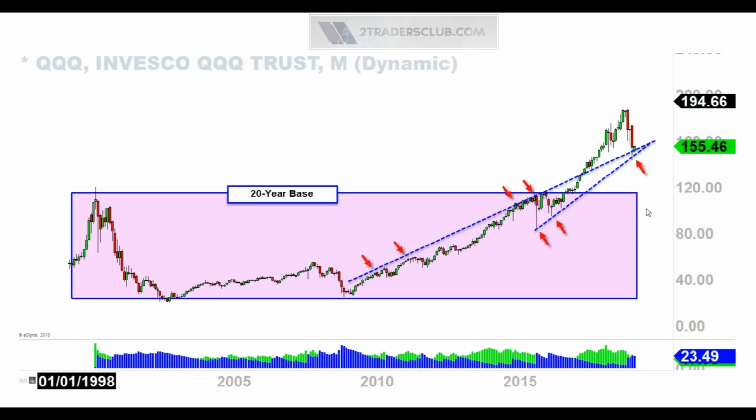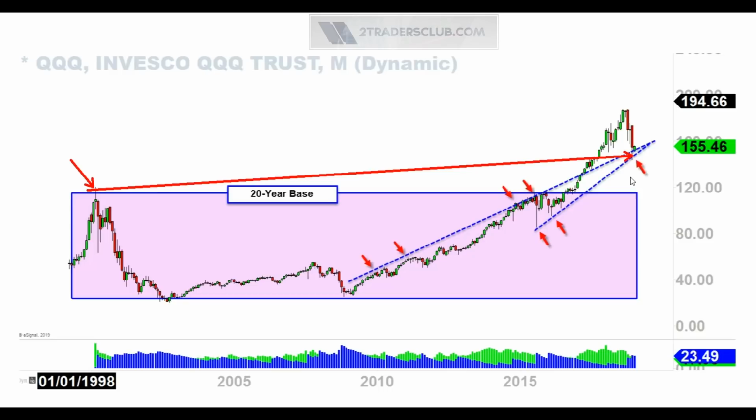If you bought NASDAQ just the day before 1987 Black Monday, and you held it 13 years, guess how much the NASDAQ was up? 1,000%. But if you bought it here and you held it 20 years, you're up 20%.